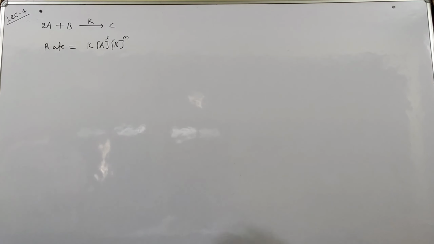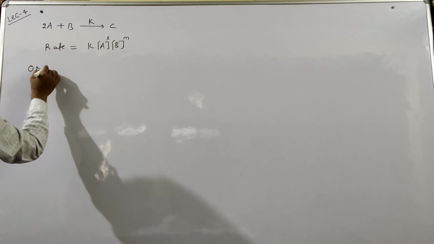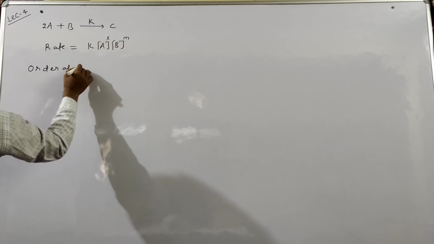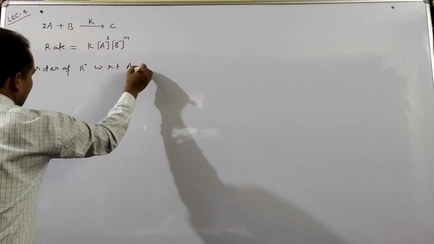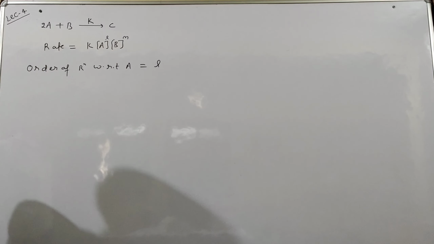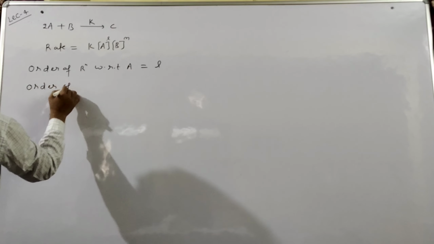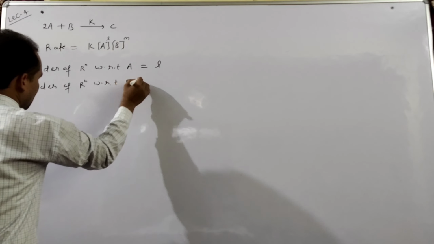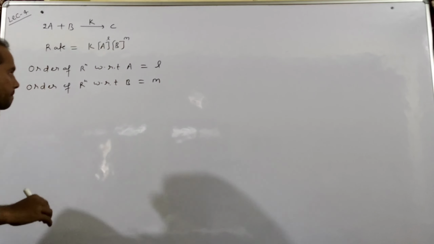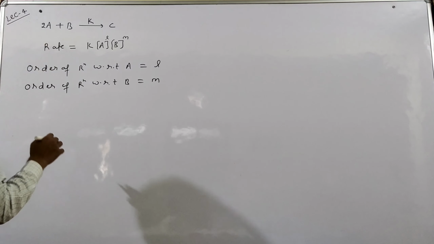So in this reaction, the order of reaction with respect to A equal to L, and the order of reaction with respect to B equal to M. Now, what is the overall order of reaction?